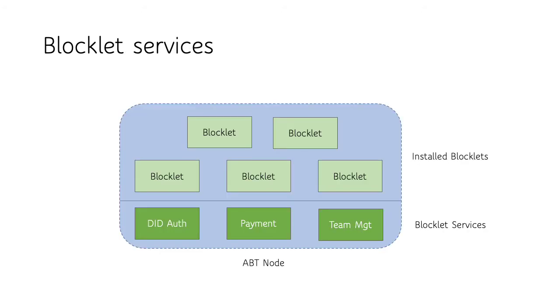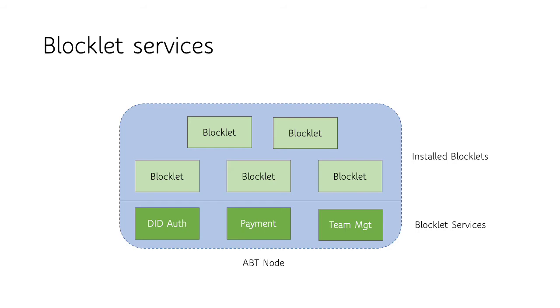Some of the software components are so common, and they may be useful for all kinds of applications. For example, almost every app will need some level of user management, authentications. Another example is a payment. A lot of applications may need payment.